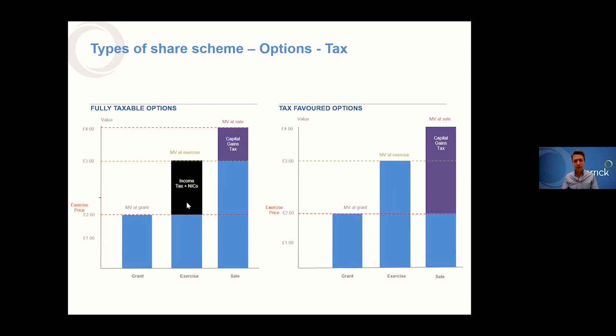And you're charged to income tax and potentially national insurance contributions on that benefit that you've received, in the same way as you'd be charged to income tax and national insurance contributions if you received a bonus or some of your salary.